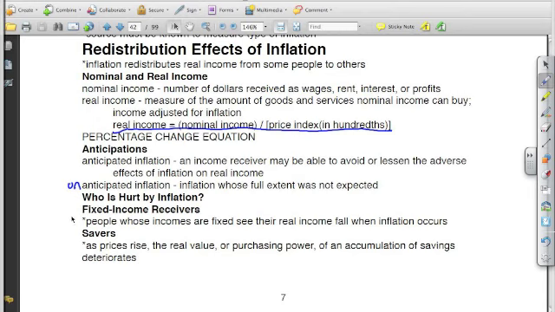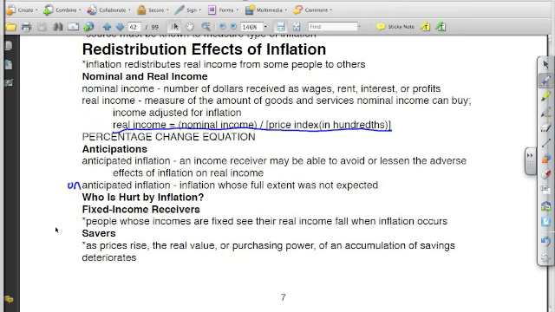The people mainly hurt from inflation are fixed income receivers, right? Because if we have inflation, that means we have a general increase in the price level. And if your income does not increase with inflation, then a dollar tomorrow is not worth as much as a dollar today, because that dollar tomorrow cannot buy as many goods, since the prices of those goods have increased.